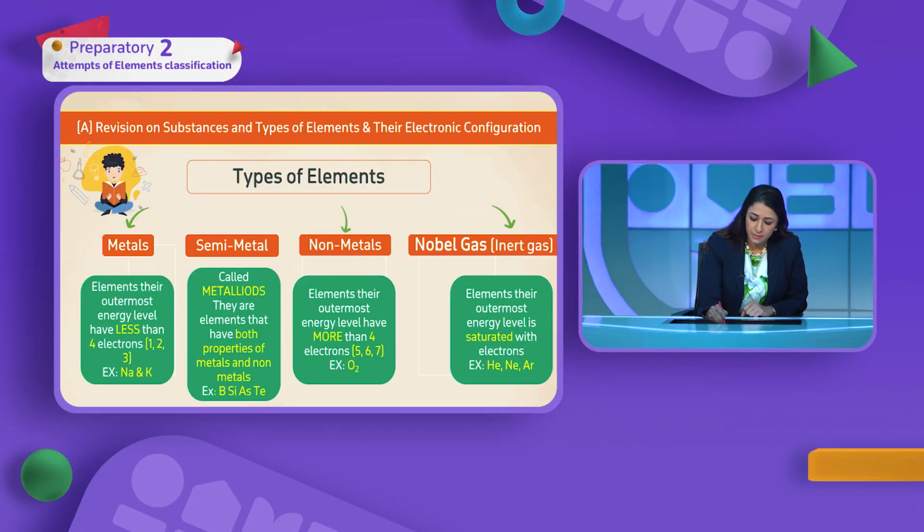But there is something here: we have Mr. Helium. Helium has only 2 electrons, and the 2 electrons are saturated in the first energy level. This means that it's also a noble gas.